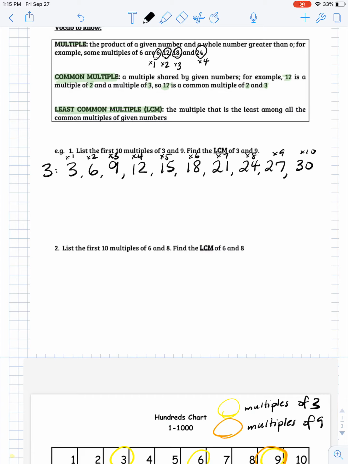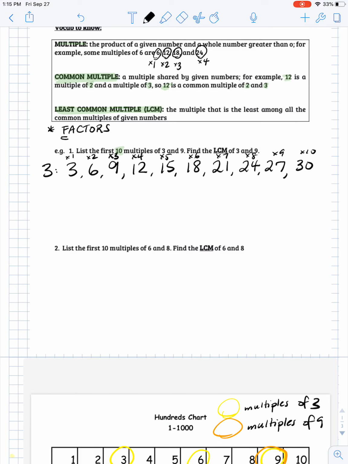Now, another tip or trick to help you determine the difference between factors and multiples is that with multiples, you're always only ever asked to list a definite amount or a specific amount of multiples, because multiples can go on forever. With factors, you're always asked to list all the factors, right?